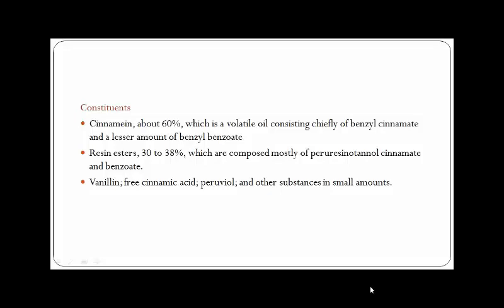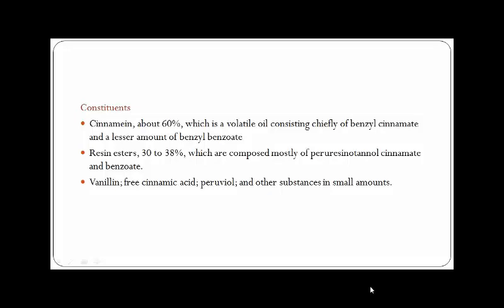Whereas resin esters are also present, that account for 30 to 35% and are composed of peruresinotannol cinnamate and benzoate. Some other substances are also present, which include vanillin, free cinnamic acid, peruviol, and some others.